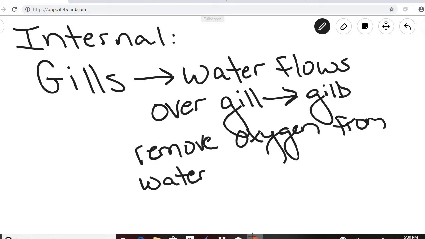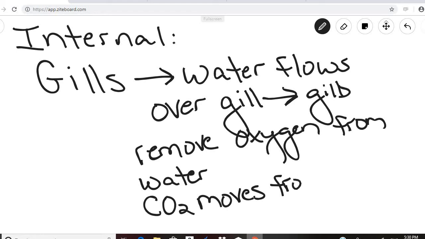And then the carbon dioxide goes from the gills to the water. So water moves into the animal, CO2 moves out of the animal. CO2 is a waste product of metabolism, and so you need to get rid of it.